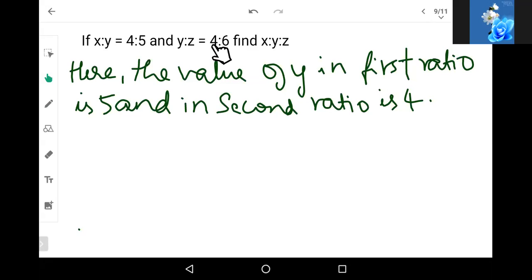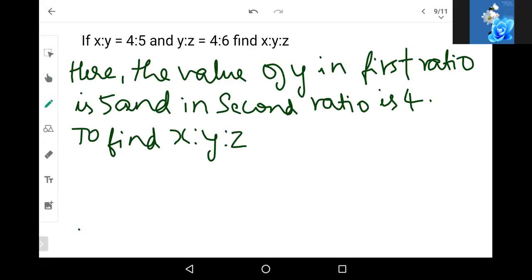Correct? Yeah, good Spurti. Yeah, it's a compound ratio. Now what we will be doing here is, we have to find x is to y is to z.